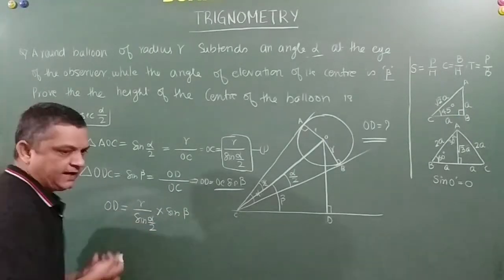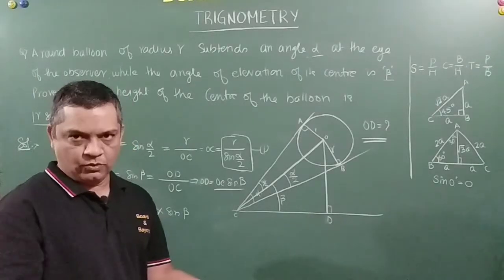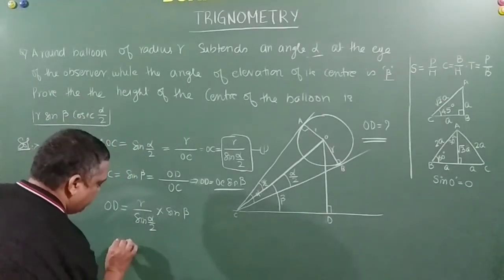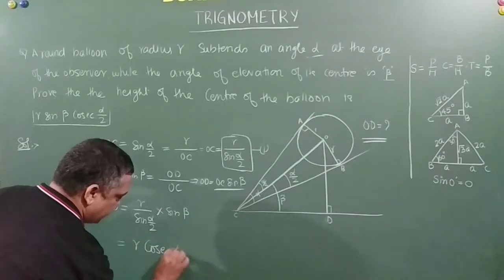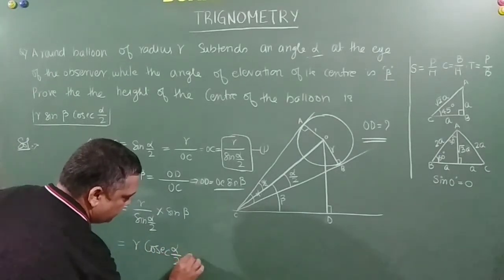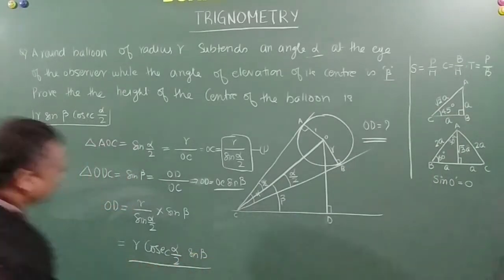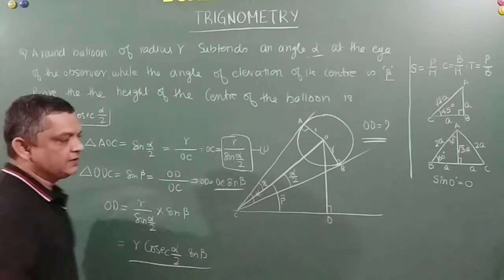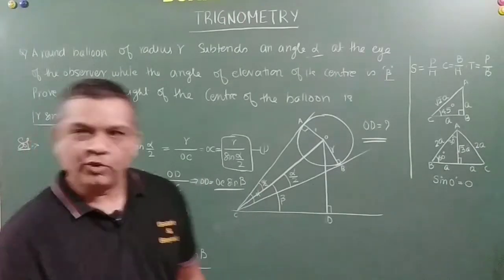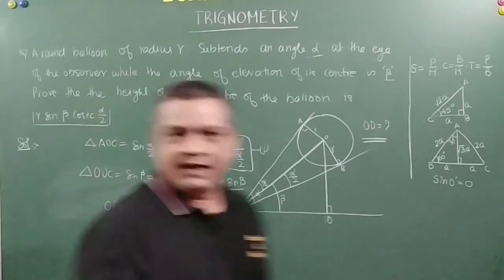Now 1 by sin alpha by 2 can also be written as cosec alpha by 2, right? So which is equal to R into cosec alpha by 2 into sin beta. I think this was to be proved. Cosec alpha by 2 sin beta, right friends? So we have proved it, correct? So I hope everybody understood it.